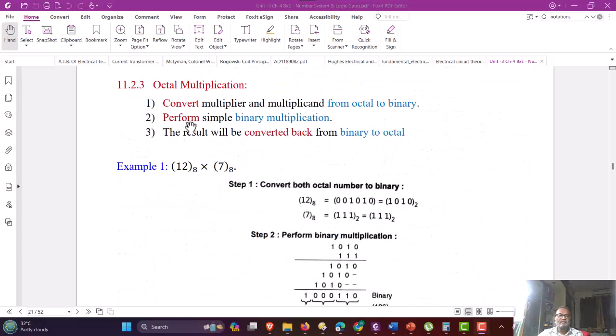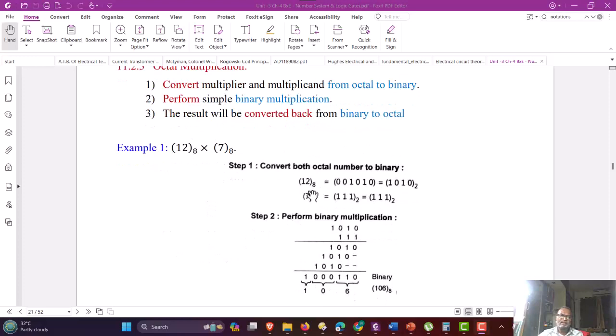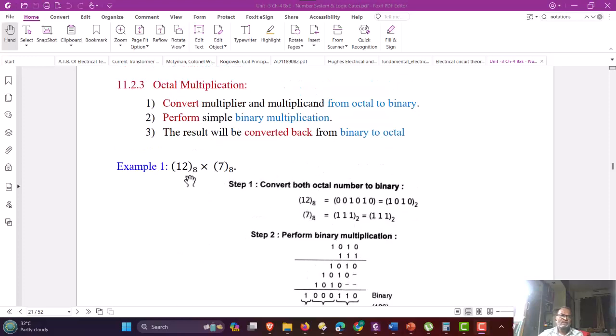In octal multiplication, convert the multiplier and multiplicand from octal to binary first. Always convert the numbers to binary form, perform the binary multiplication, that is the shift and add algorithm, and then the result will be converted back to octal. We have already discussed binary multiplication and conversion of octal numbers to binary in previous lectures.